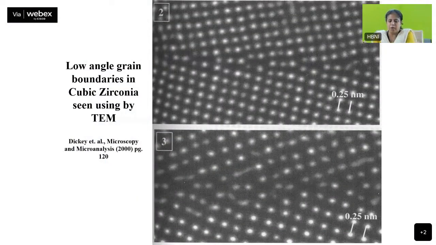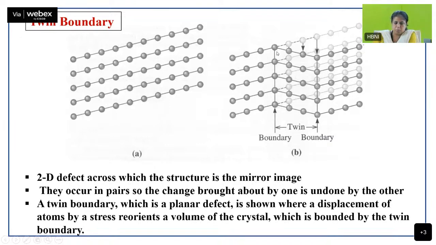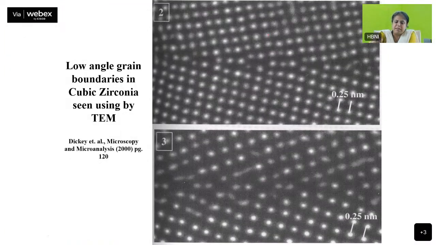So this is just one TEM figure that I thought I should show you. If you can see this high resolution TEM, you can see that in this particular figure these atoms are arranged in a particular way. The arrangement on this side is similar to the arrangement on this side, just that they're tilted with respect to each other a little bit.